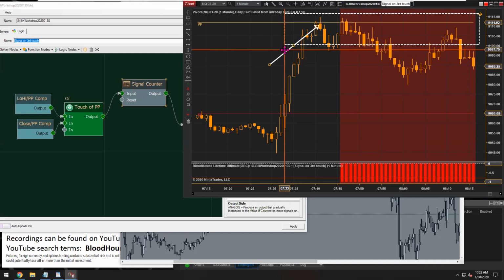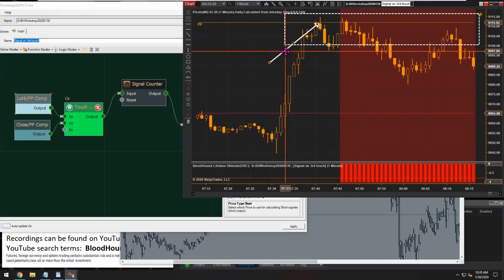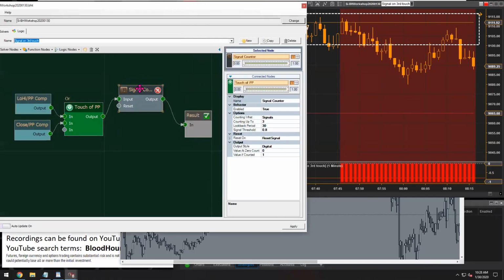Maybe you might want to include the open of the bar as well. When you're building these comparison solvers, you have to figure out what price points of the bar you want to use when comparing to your support resistance line. But I don't want to get too distracted on that, because the question is really about setting up the signal counter.